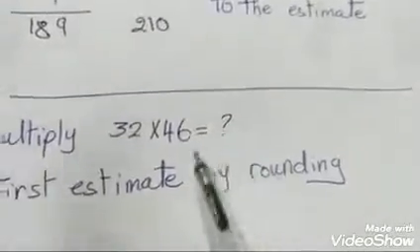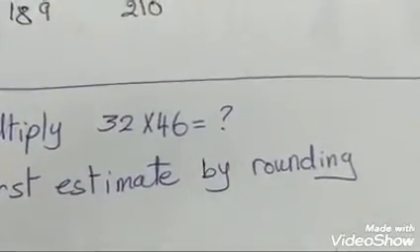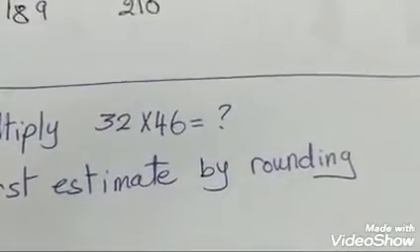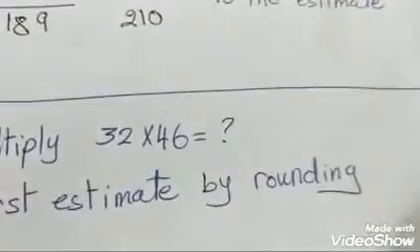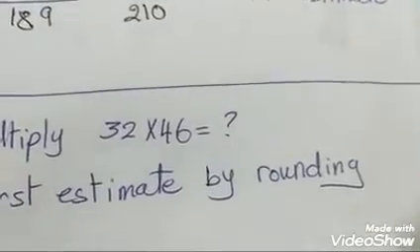Now, if I want to multiply a number by a 2-digit number, first I have to estimate by rounding.